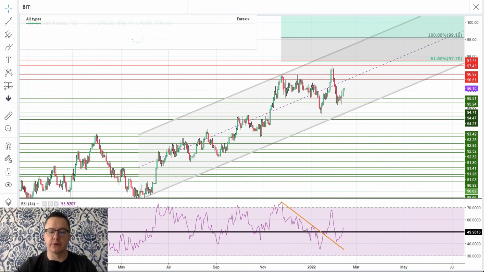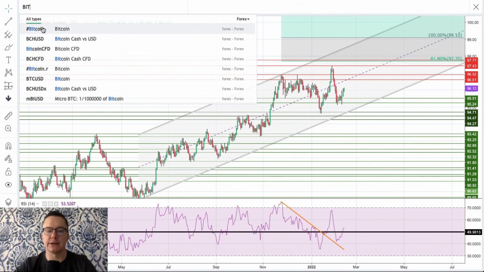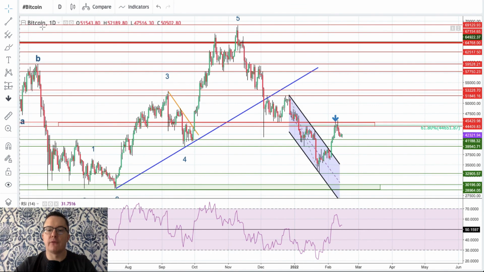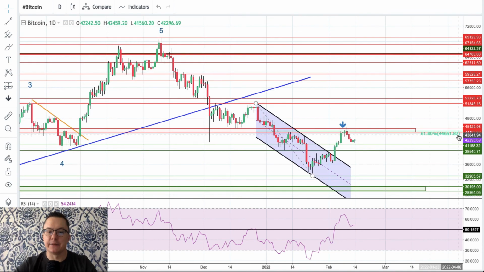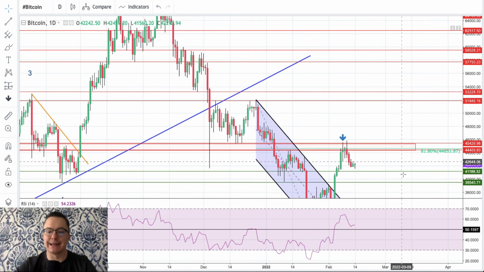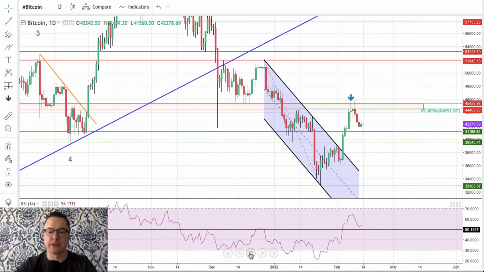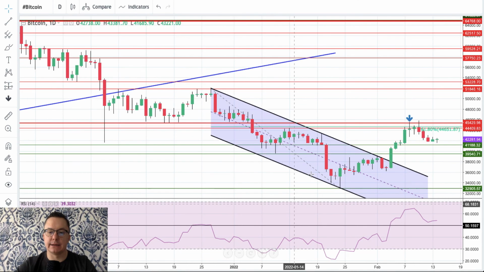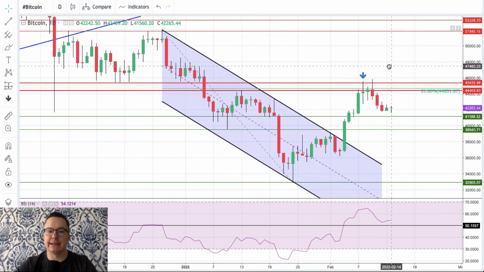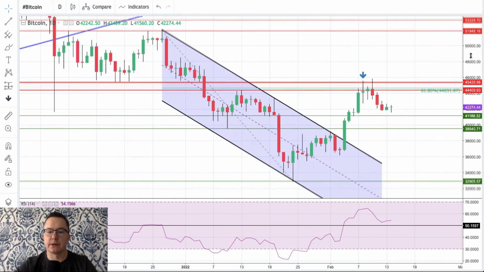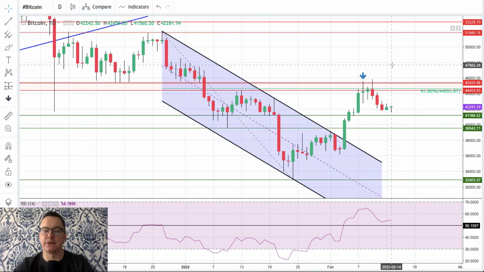What is Bitcoin doing? Which of these markets would Bitcoin follow? As we can see here on the daily time frame chart of Bitcoin, it looks like Bitcoin likes to follow the stock market, the S&P 500 or the Nasdaq indices, because the Nasdaq is apparently a tech index, and Bitcoin is considered a tech asset, of course, because of the blockchain technology.